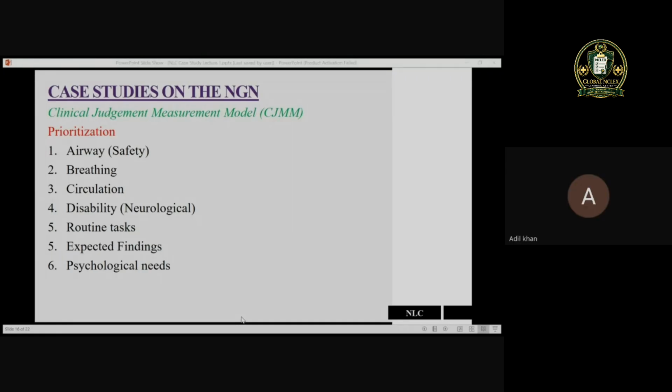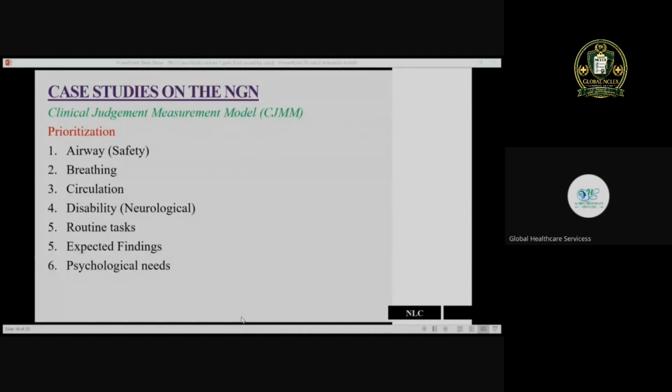Prioritize according to the condition, ABCD. Fourth is disability, there can be any neurological signs and symptoms. And in the fifth, there can be any routine task, expected finding, or psychological needs.